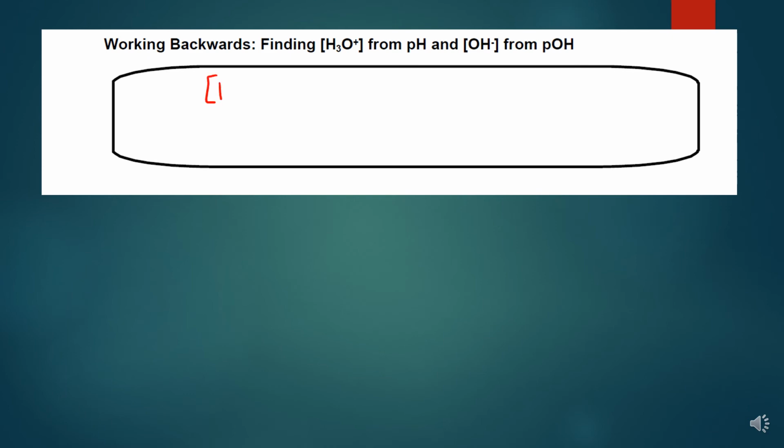If we want to find a concentration of hydronium, to go backwards, we remember that our log had a base of 10, so we're going to take that base of 10 and raise it to the negative pH power. Same thing if we want to do this with hydroxide, we take that base 10 to the negative pOH. Sometimes I'll refer to this as an anti-log, or an exponential function.